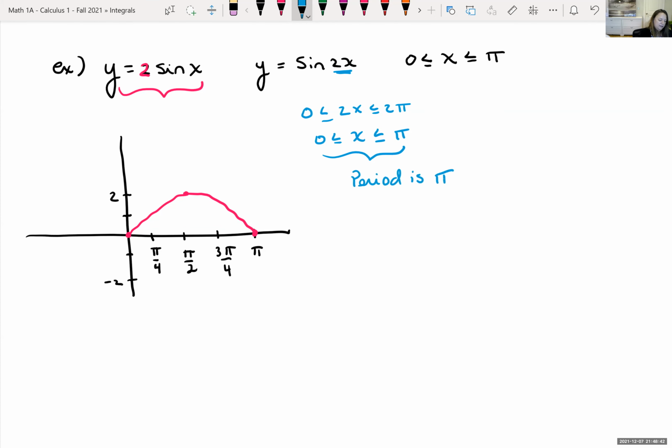So that's why I put these marks in here, because I like to divide it into 4 equal pieces. Again, it starts at 0, goes up and hits 1, comes back down to pi halves, then at 3 pi fourths it hits -1 and comes up.